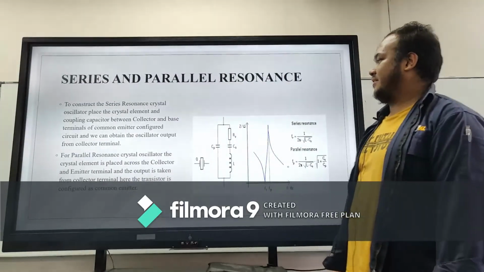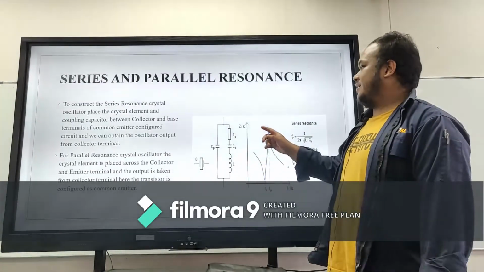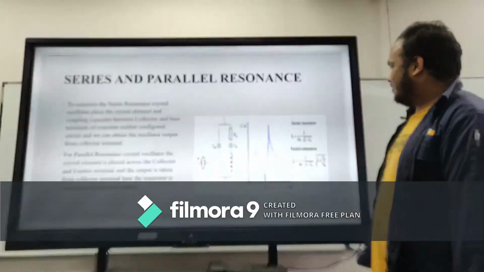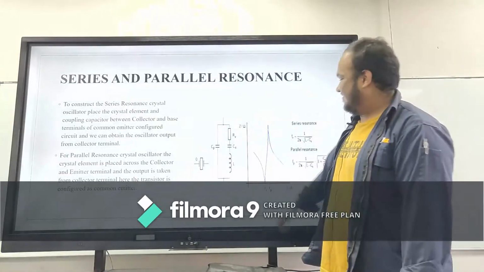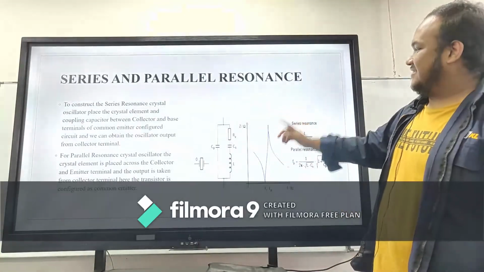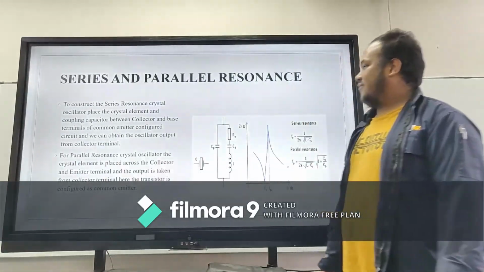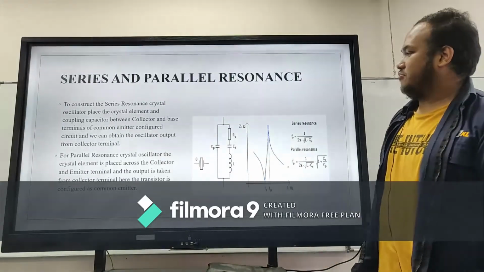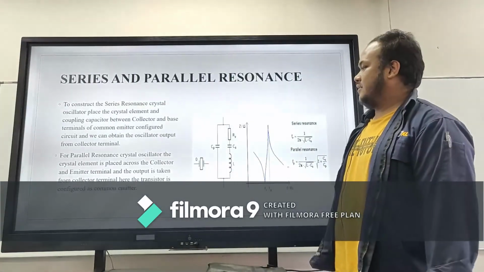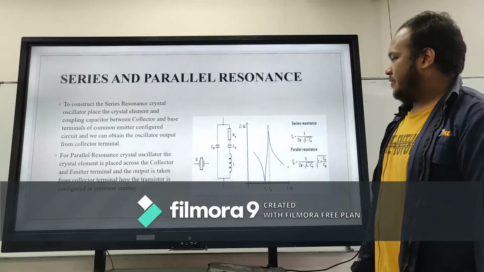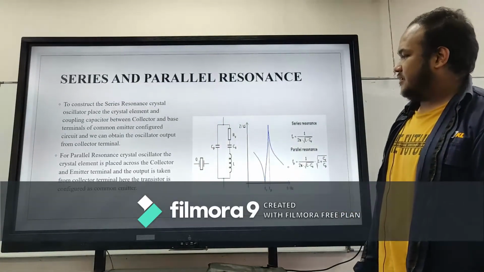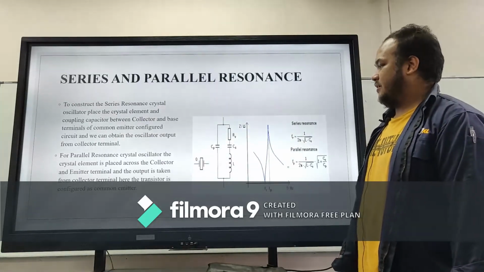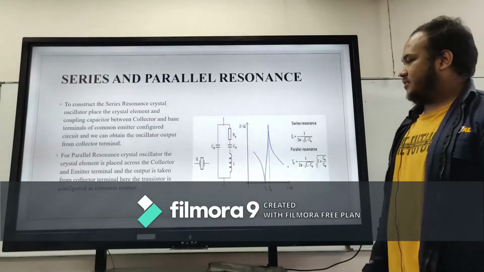To construct the series resonant crystal oscillator, place the crystal element and coupling capacitor between the collector and base terminal of a common emitter configured circuit, and we can obtain the oscillator output from the collector terminal. For the parallel resonance crystal oscillator, the crystal element is placed across the collector and emitter terminals and the output is taken from the collector terminal.